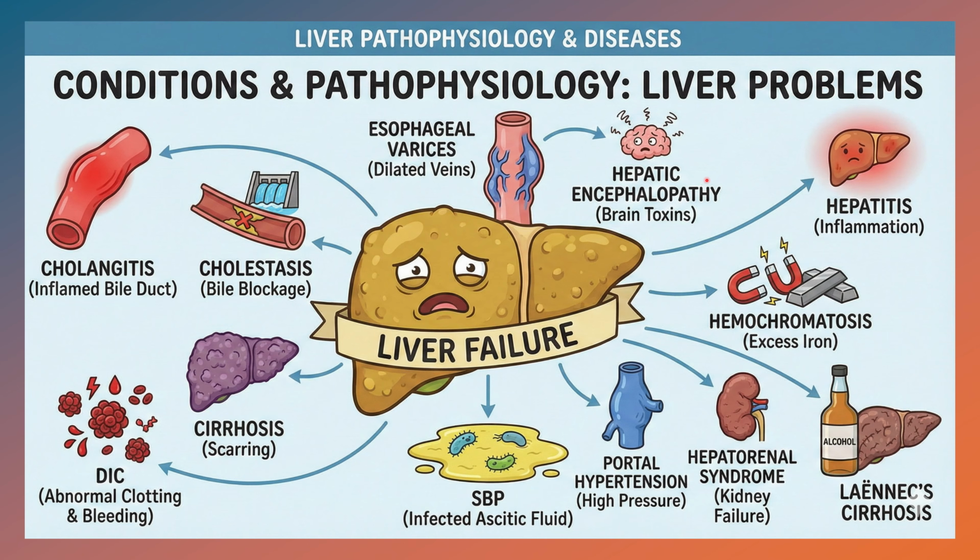The hepatic encephalopathy. It's impaired mental status, confusion, coma due to a toxin build-up, which is ammonia in the brain. Brain dysfunction from toxins like ammonia due to liver failure.